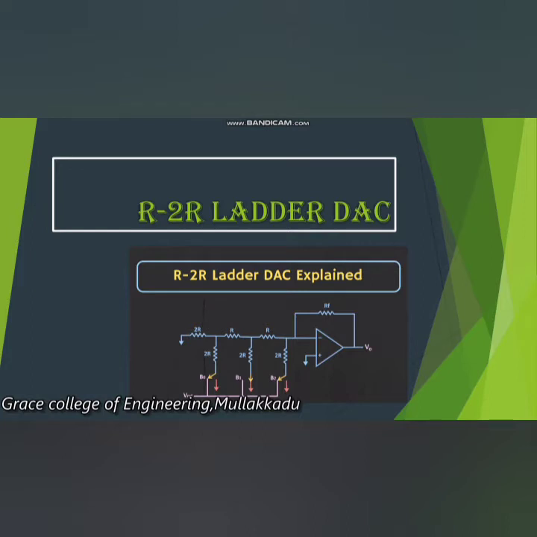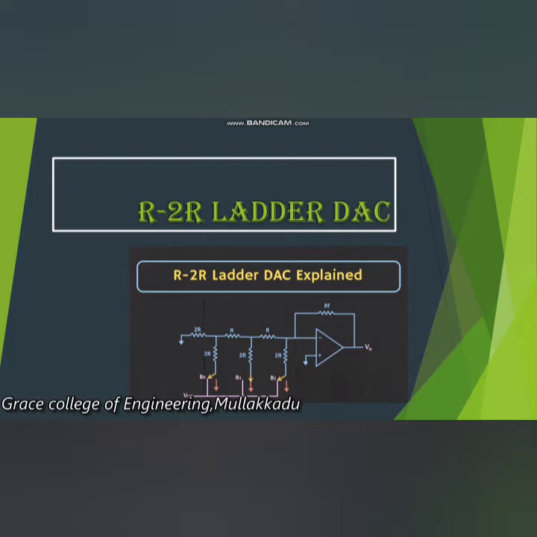V reference is the reference voltage through which we can give the analog input value. If the switch is connected to the V reference, then it takes the value 1. If the switch is connected to the ground, then it takes the digital value 0.